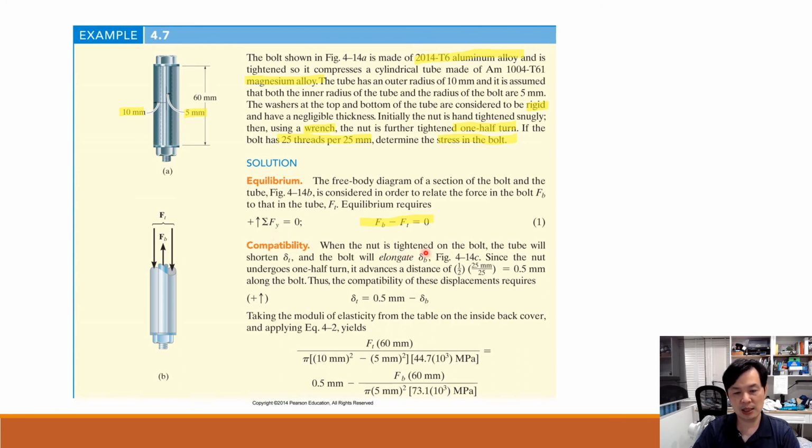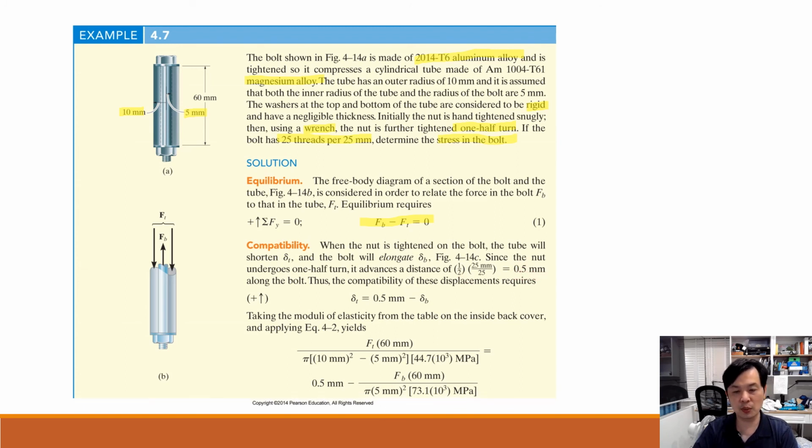In this case, when the nut is tightened on the bolt, the tube will shorten by a value of delta T, and the bolt will be elongated due to tension by delta B. Since the nut undergoes 1/2 turn, it advances by 0.5.